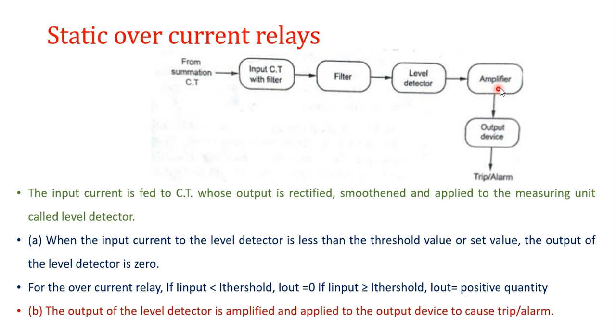This output is amplified and given to the output device, which gives the trip signal to the circuit breaker. So if the input current is less than the threshold, the output will be 0, and if the input current is greater than the threshold, it will send an output.